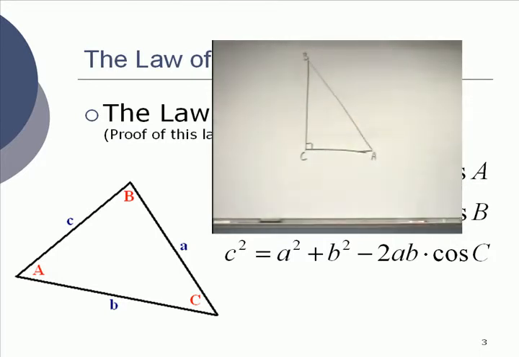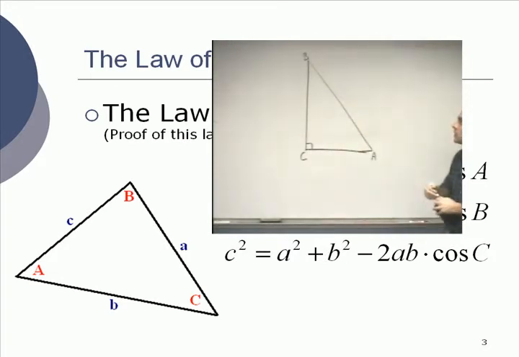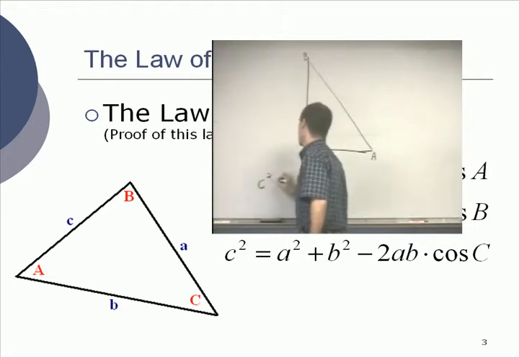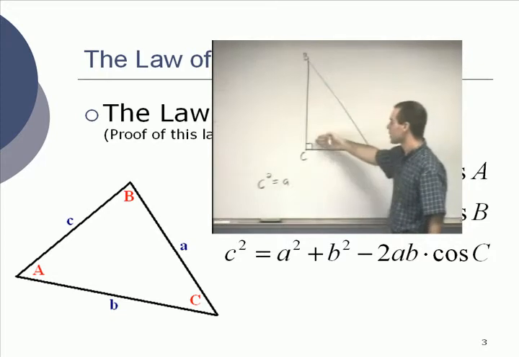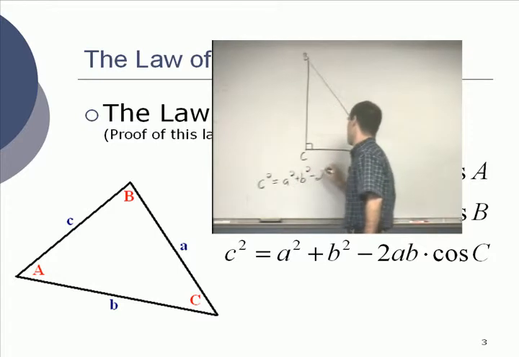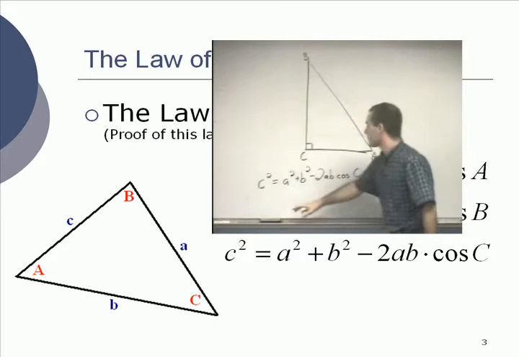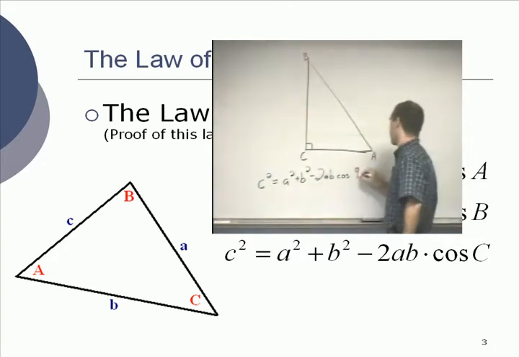Take your calculator. And, well, you really don't need your calculator, but what is the cosine of C for this particular triangle? C is 90 degrees. What is the cosine of 90 degrees? 0. It's 0. So if we take the law of cosines and apply it to this triangle where C is a 90-degree angle, this becomes C squared equals A squared plus B squared minus 2AB cosine of 90 degrees.